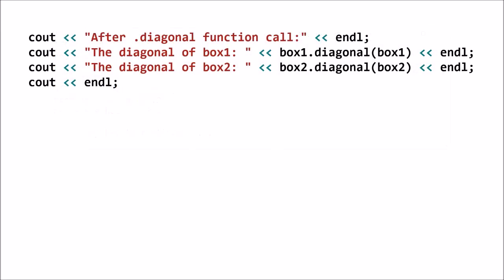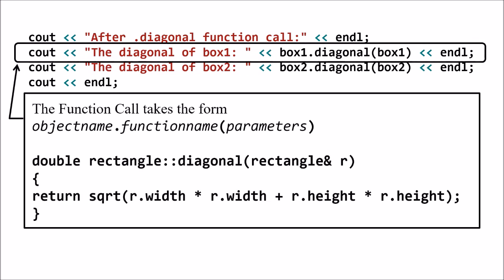The last function is called with these two lines of code. The main function prints out a bit of text, and then it performs a function call to the diagonal function of the class rectangle. The function call is of the same form: object name dot function name, and then the parameters.